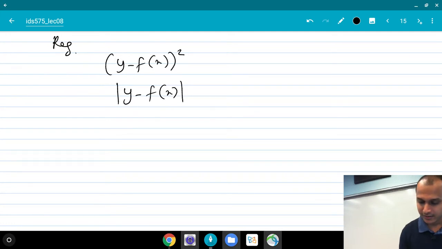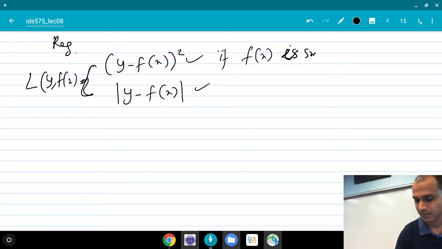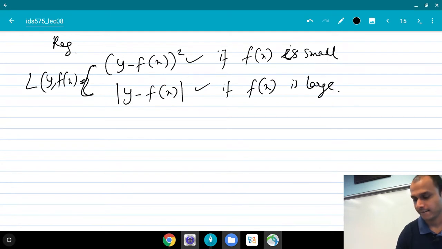This is one example. Or you can have the loss between y and f of x be equal to this if f of x is small, and something else otherwise. This is called a Huber loss.